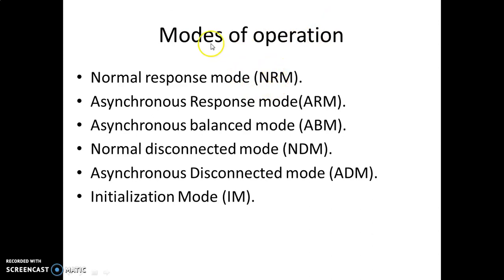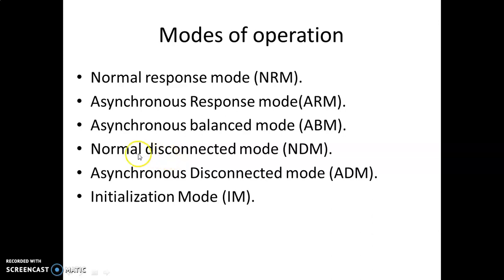Okay, the first thing, modes of operation. The very first statement that you have to write is that there are 6 modes of operation, which are listed over here. Now from these 6, this is important, listen. The first 3 modes are for the data transfer phase: the normal response mode, asynchronous response mode, and asynchronous balanced mode.